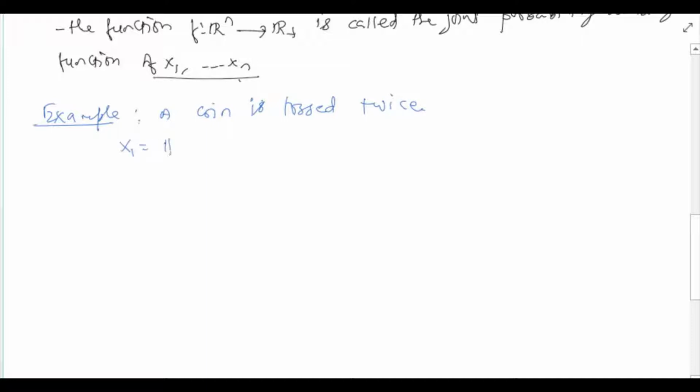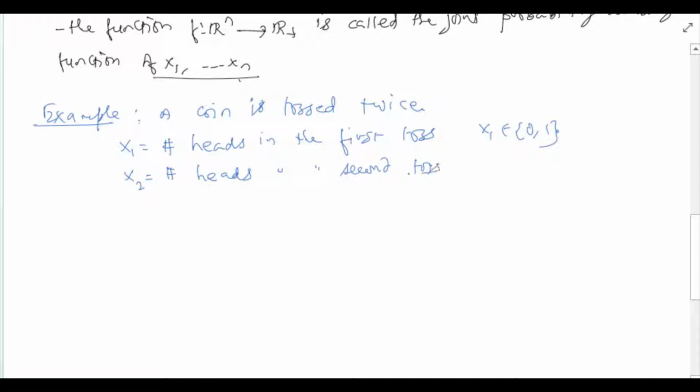X1 is the number of heads in the first toss. Clearly X1 can take value 0 or 1. X2 is the number of heads in the second toss, and Y1 is the number of tails in the first toss.